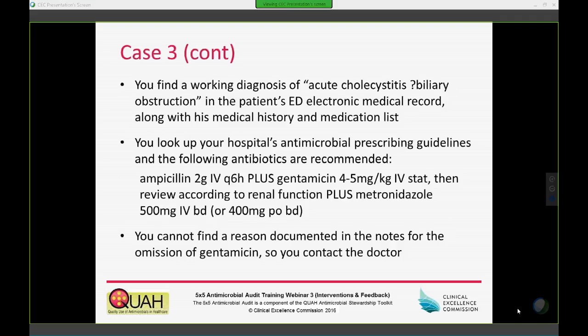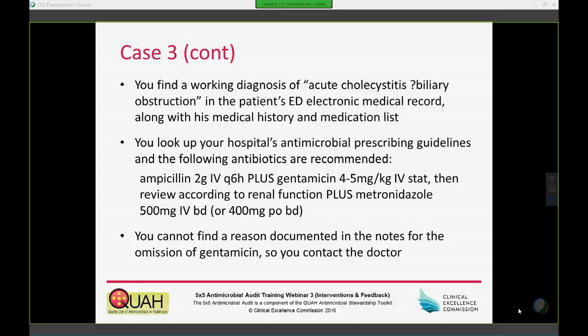You go to question 1 and look for an indication for therapy, and you find a working diagnosis of acute cholecystitis through biliary obstruction in the patient's electronic medical record, along with his medical history and medication list.